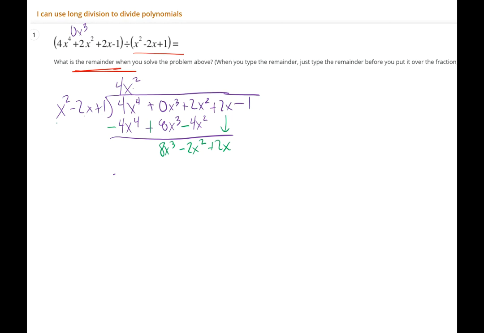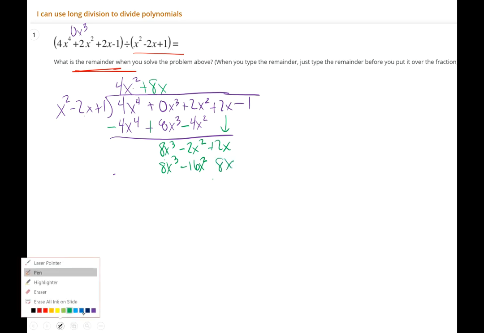And I ask myself, what times x squared is 8x cubed? So plus 8x. So we're going to distribute: 8x times x squared is 8x cubed. 8x times negative 2x is negative 16x squared. 8x times 1 would be 8x.